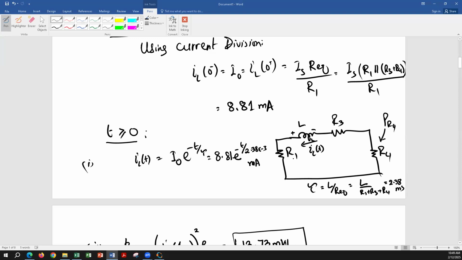So if you're finding the voltage equation, make sure you put a negative sign, negative L dI over dt, because the plain equation is for when current is entering the positive side of the inductor, where the positive polarity is. That equation is for when the inductor is charging. But when it is discharging, you put negative L dI over dt.